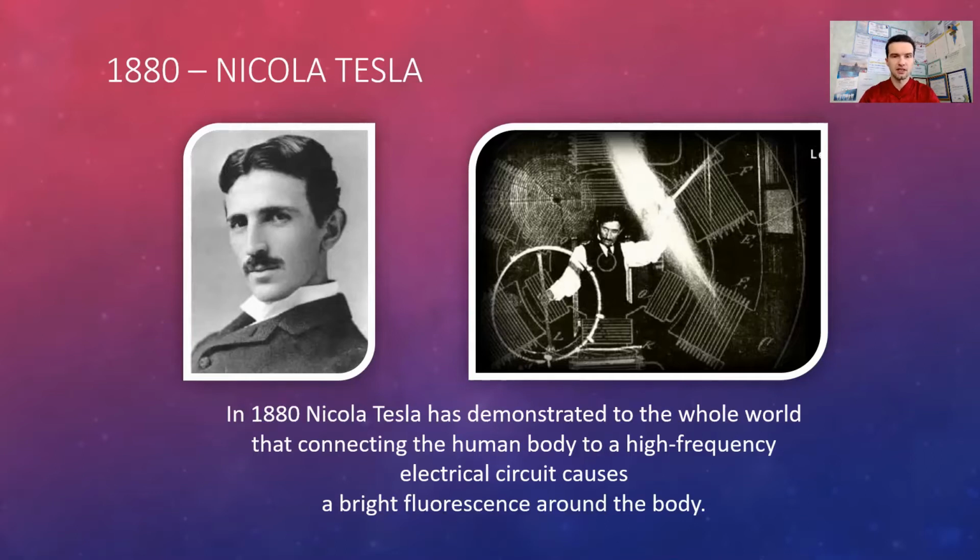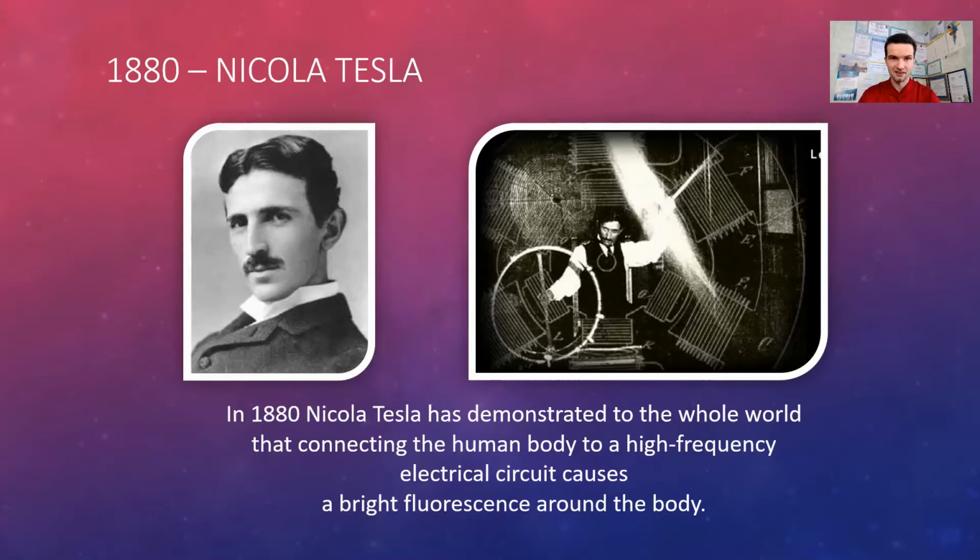At those times, people were not able to understand and describe the nature of this glow. So there were many esoteric interpretations of this glow, like it was some kind of aura or biofield or whatsoever. In fact, not many people were eager to repeat experiments by Nikola Tesla.